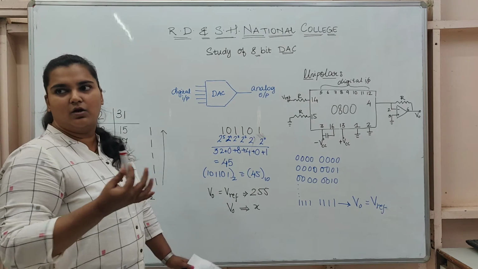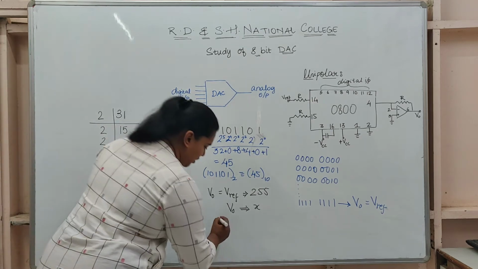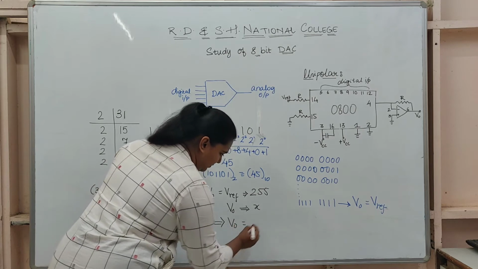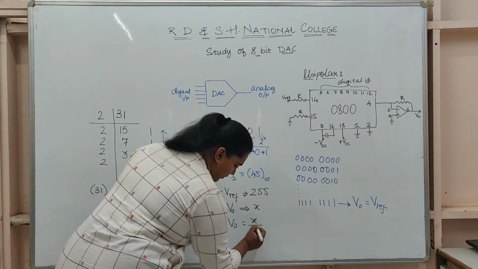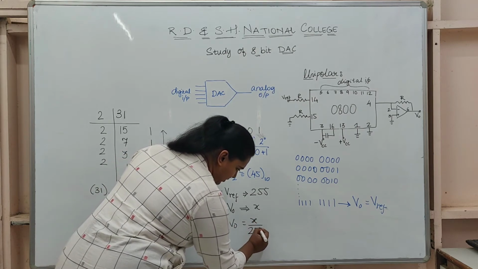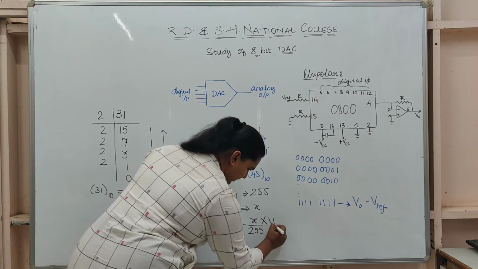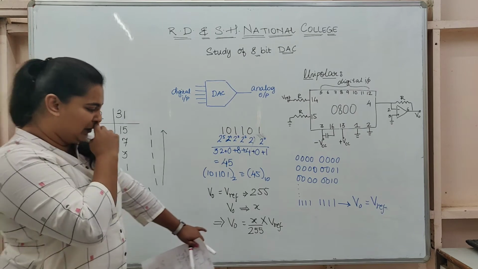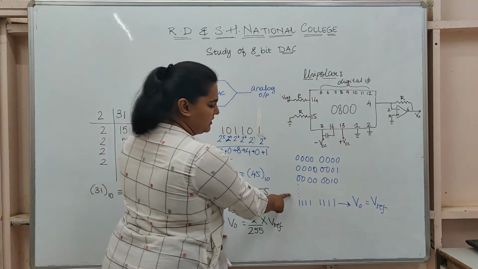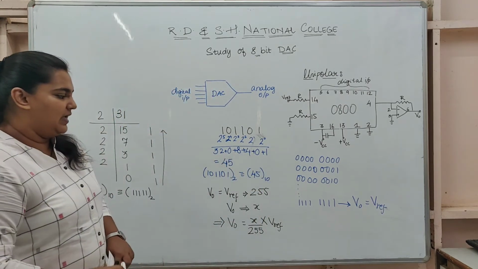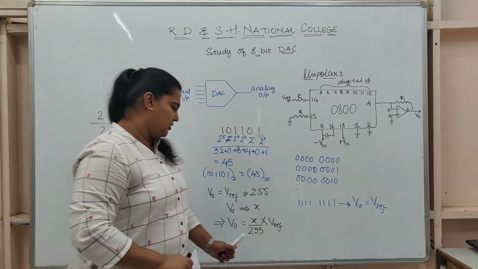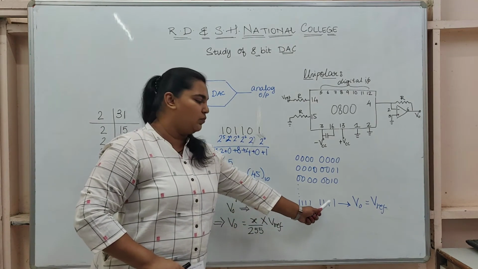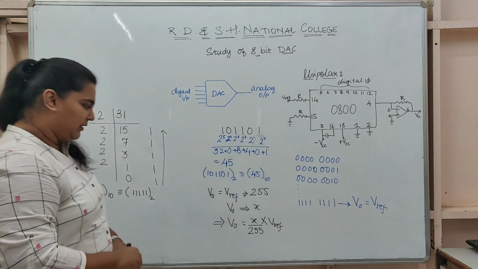The basic cross multiplication procedure. By this logic, V out will be nothing but X upon 255 into Vref. This will give you the output voltage at any of these intermediate points where your digital combination is something other than the highest value, which is 1111 1111 for an 8-bit DAC.